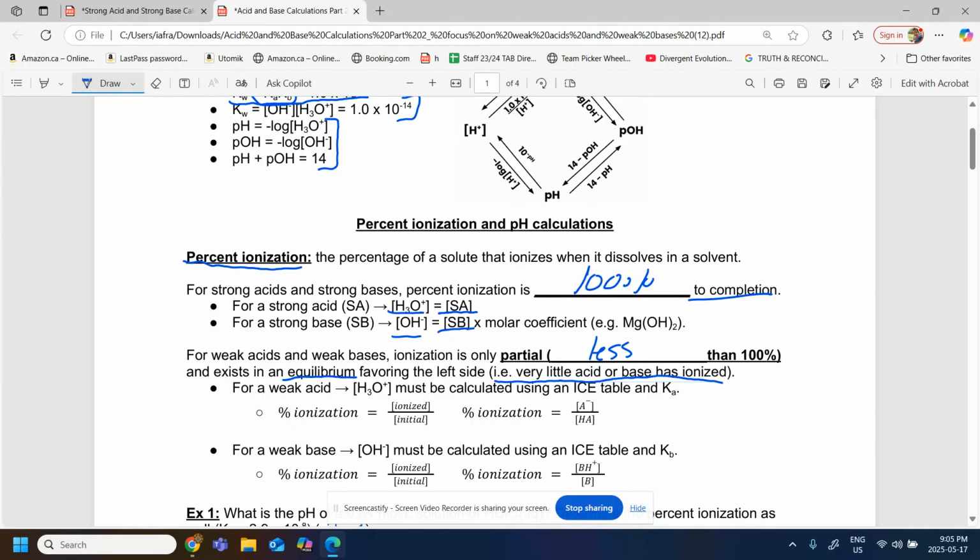So this is the acid, this is the conjugate base. You can do that by essentially just doing ionized divided by initial times 100%. So this is the ionized one, the conjugate base, over the acid times 100%. Sometimes you might see it written as Cb over weak acid times 100%, and that's the same thing. And that would be called the percent ionization. That's the percentage of the acid that has become the ionized version.